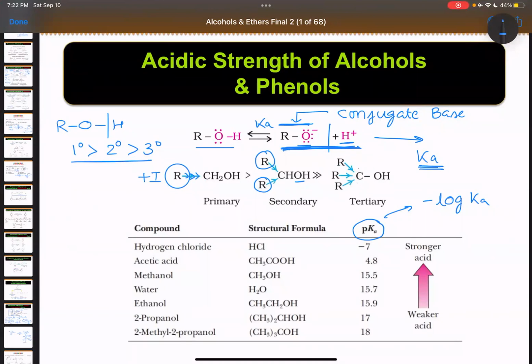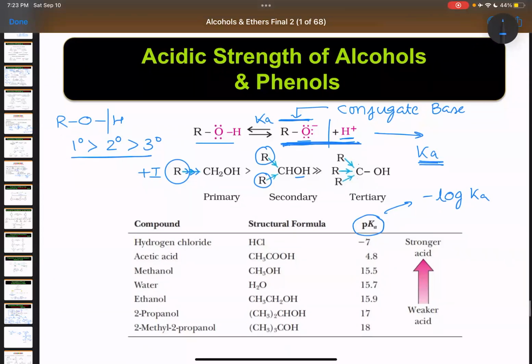The alcohol being more acidic means more dissociated, so equilibrium will be more towards the right hand side. So K is going to be more, but if K is going to be more, pK is going to be less. So stronger acids will have lower pK values. Is it clear? Any doubts in this?